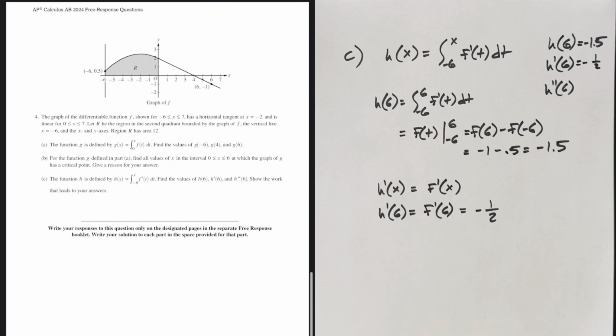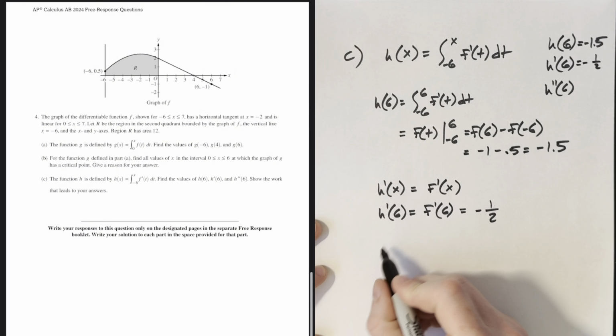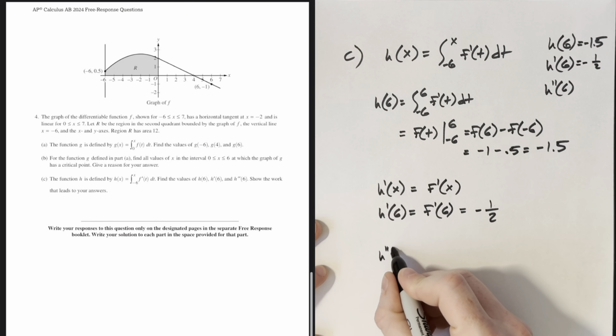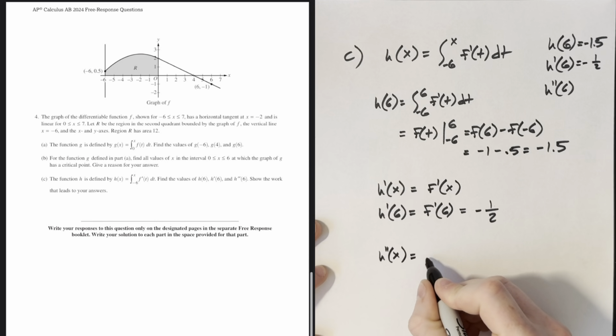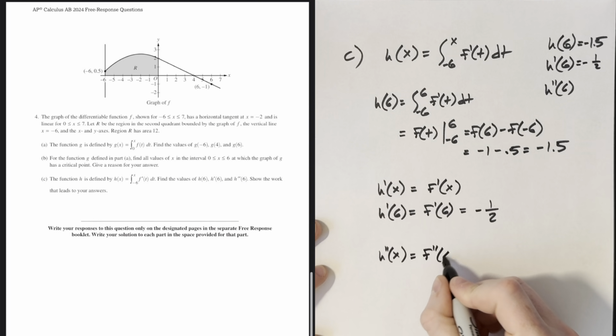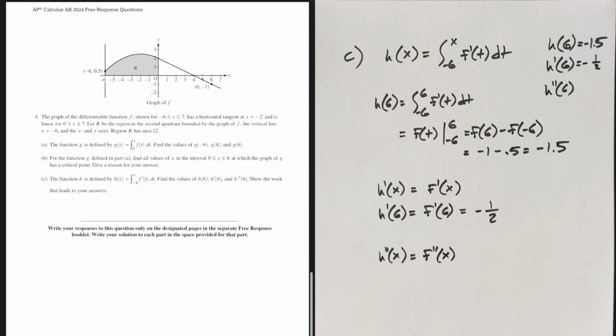But now we have to look at finally the second derivative. So h double prime of 6. Now we know that h prime of x is f prime of x. So our second derivative of h will also equal our second derivative of f, right?